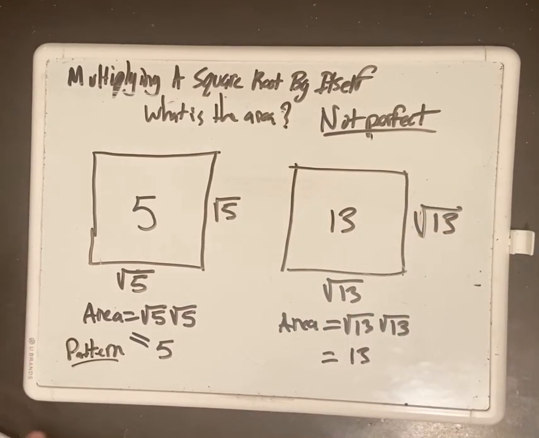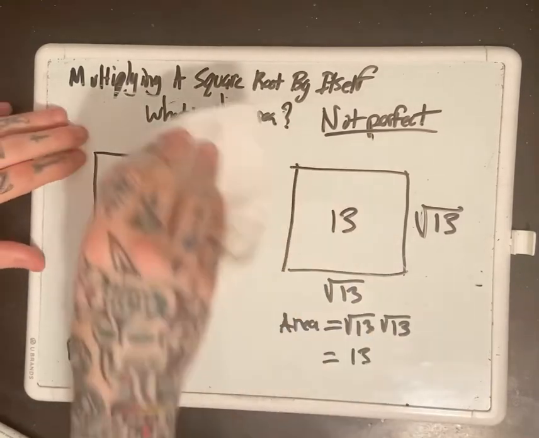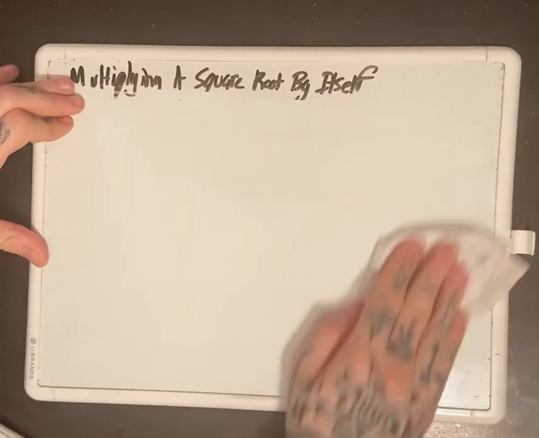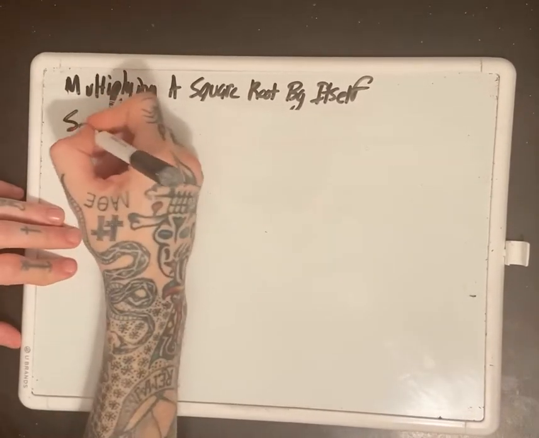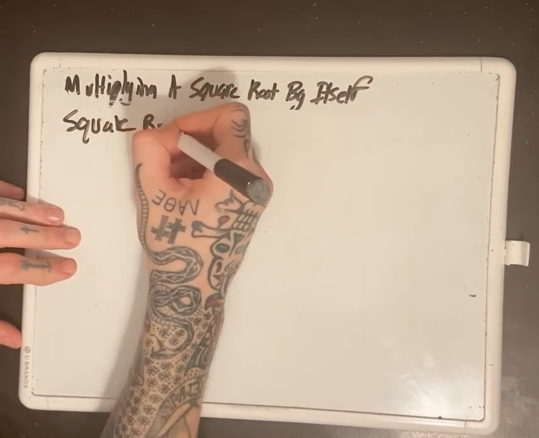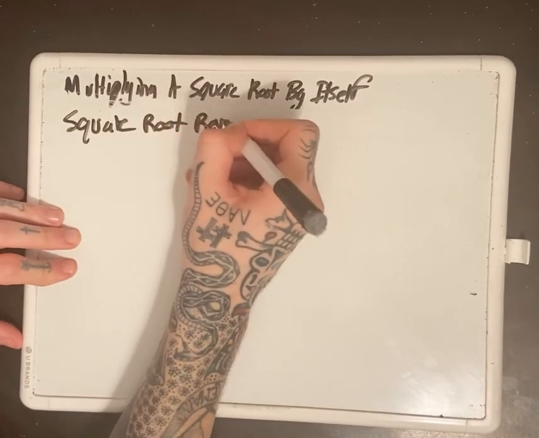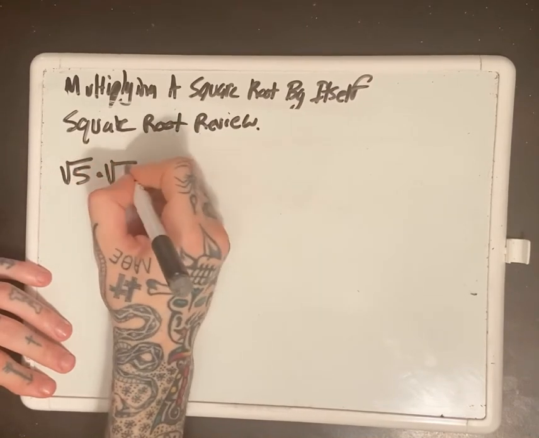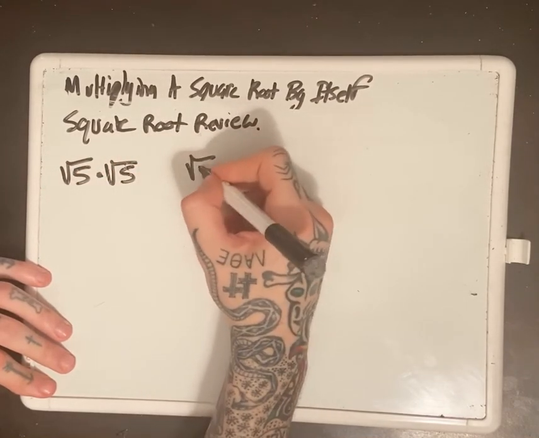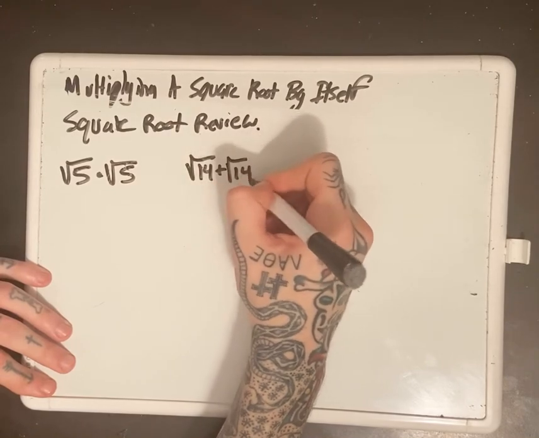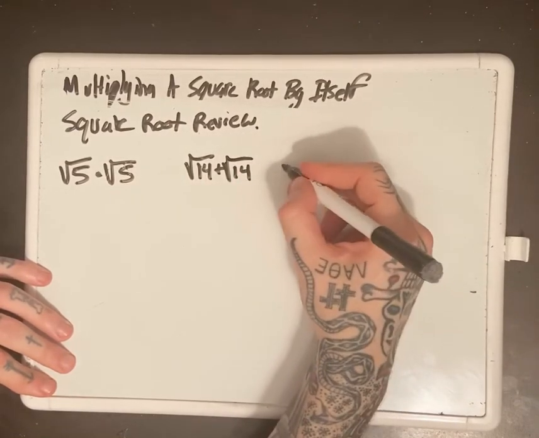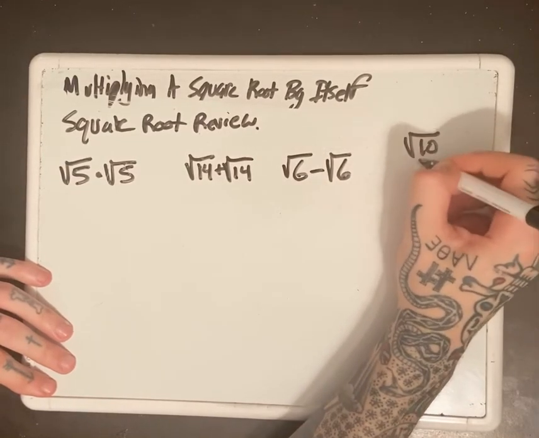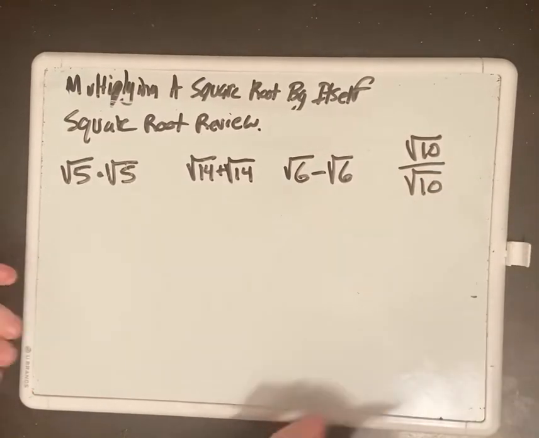All right, so before you move on to the handout, I just want to do a quick review of some of the things we've learned about square roots. Okay, so square root of 5 times square root of 5, square root of 14 plus square root of 14, square root of 6 minus square root of 6, and square root of 10 over square root of 10.